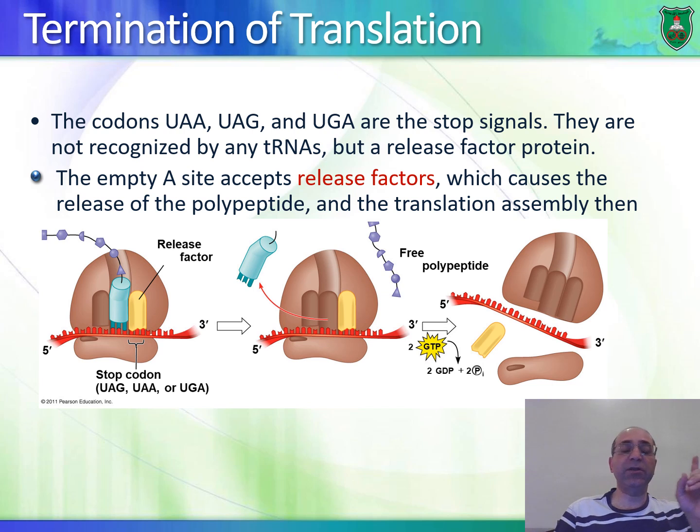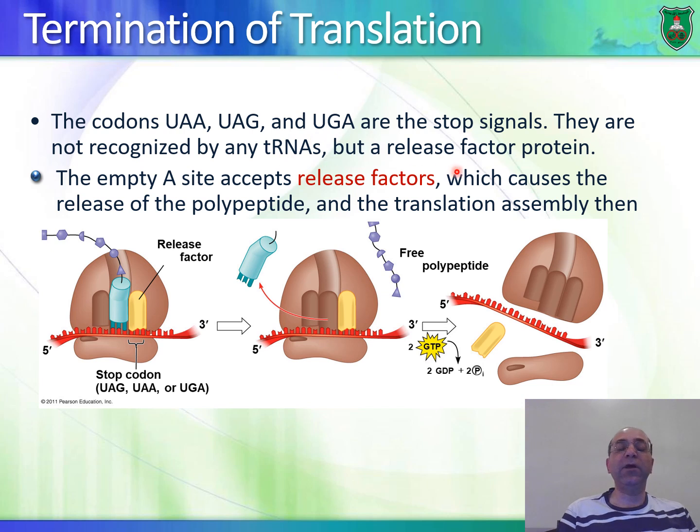Initiation of translation is not a start site as in transcription; it's known as the start codon, AUG. Now for termination, we're not talking about the poly A signal. We're talking about a stop codon, and there are three of them: UAA, UAG, and UGA. There are no tRNA molecules that can recognize these three codons.